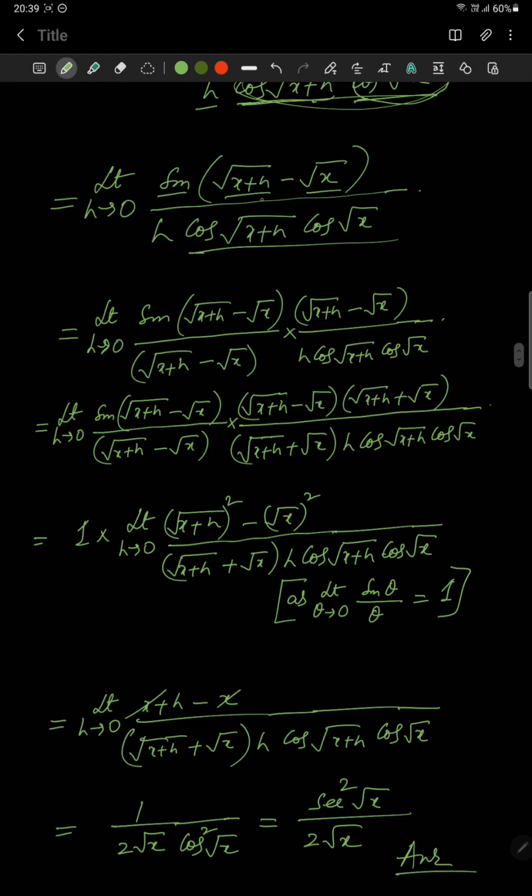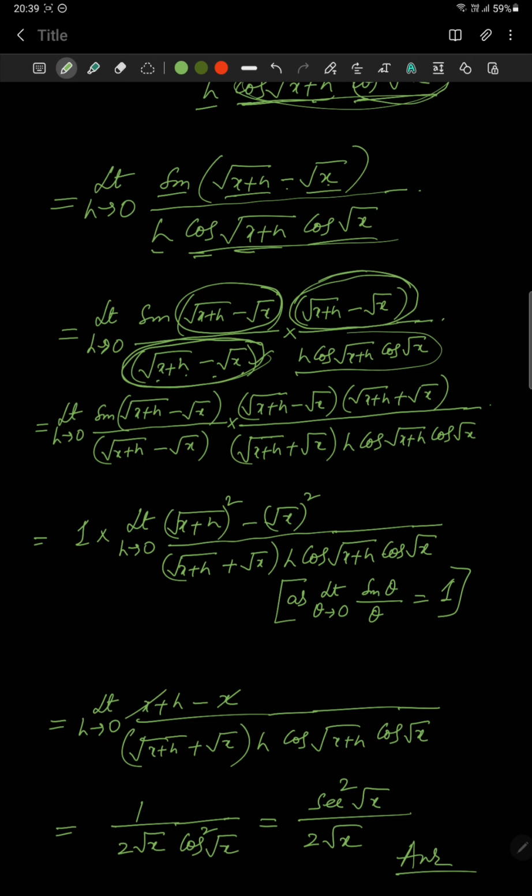Now what we find over here is the sine of root over x plus h minus root x is first divided by root over x plus h minus root x, meaning whatever is in this one, the same thing is divided over here and the same thing is multiplied over here. I hope you can understand this. And h multiplied by cos root over x plus h, cos root over x is copied as it is.